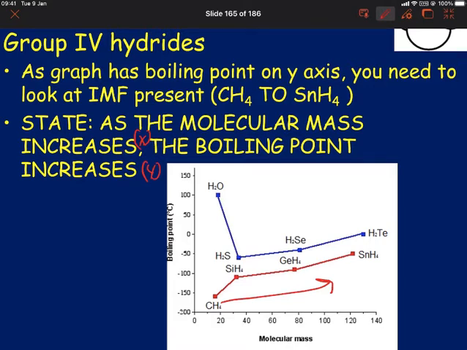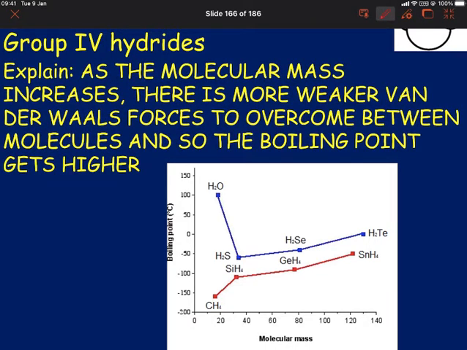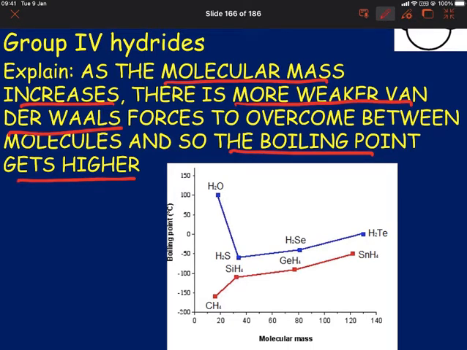It comes down to what are the intermolecular forces that are present. So as our molar mass increases, there will be more weaker van der Waals to overcome, and your boiling point gets higher. So it's the fact that there is the weaker van der Waals, your boiling point is going to get higher as your molecular mass increases. So that's your explanation for the red line.